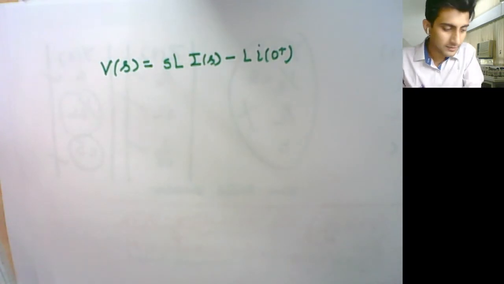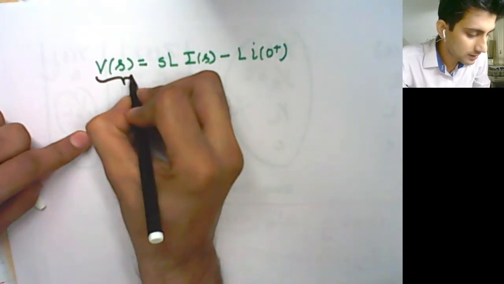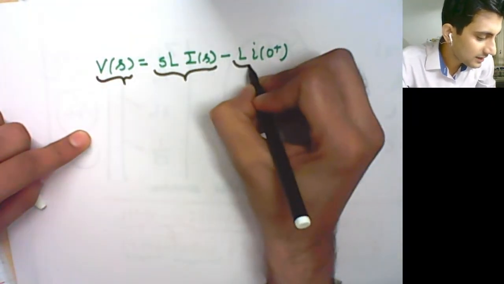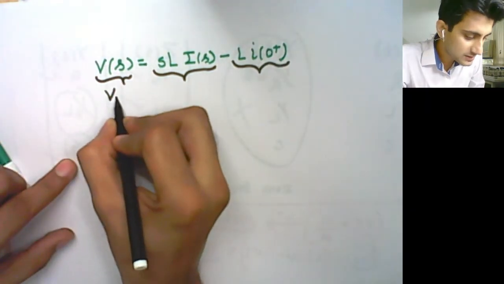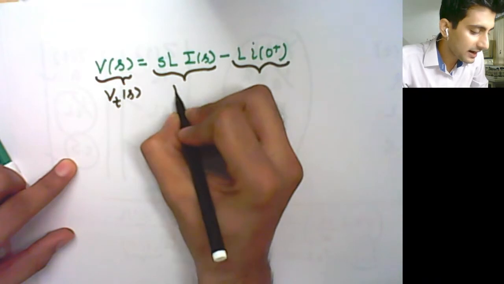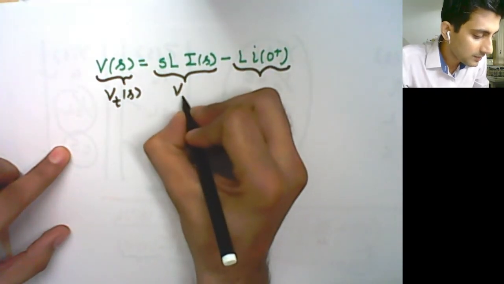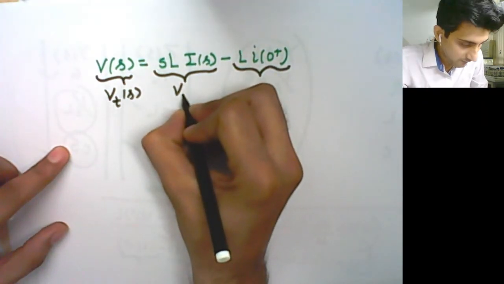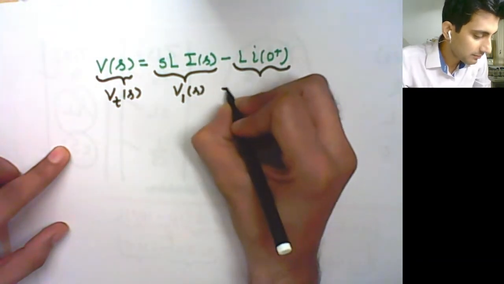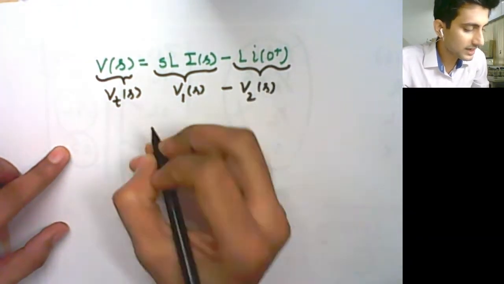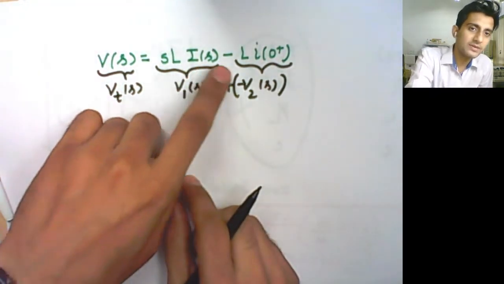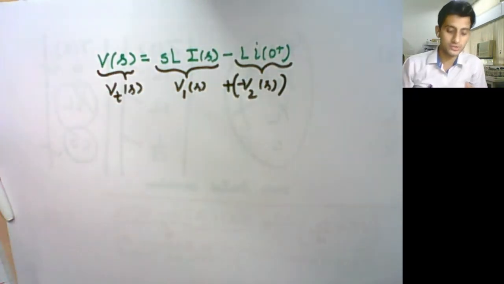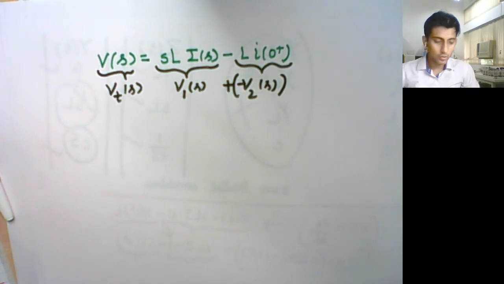So in a way, because this is a voltage in S domain, this whole thing has to be voltage in S domain. So we can say this is some V total of S. I can write that this is equal to some V1 of S minus some V2 of S, or I can write plus times minus V2 of S. So it is as if we have taken the sum of two voltage sources.